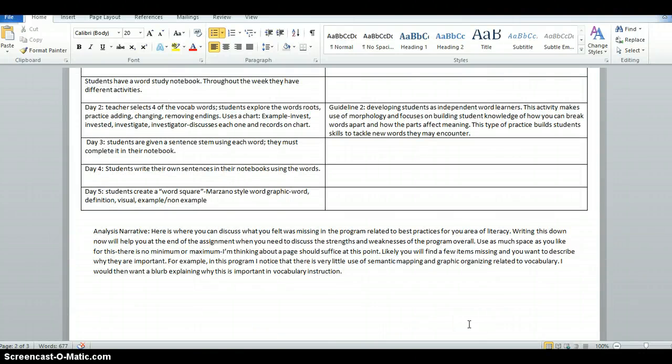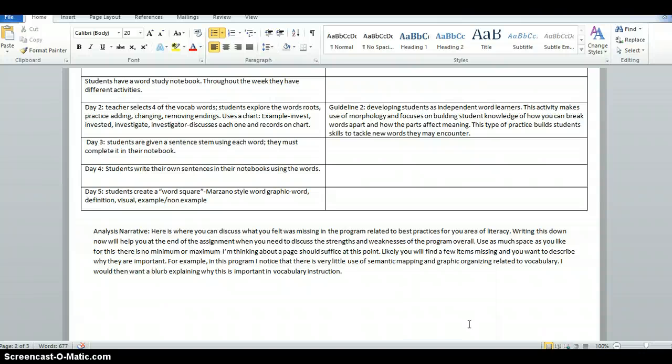Like I said, no minimum, no maximum. I would say somewhere around a page should be good. I'm going to ask you to stay away from just bulleting it unless your bullets are very specific and include description and analysis when you talk about strengths and weaknesses.